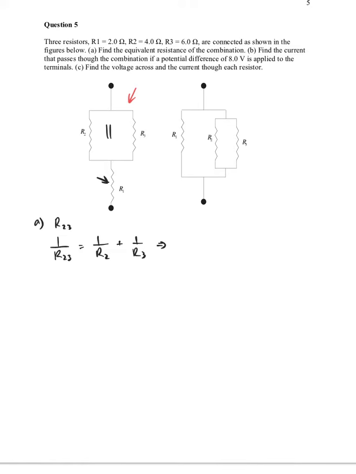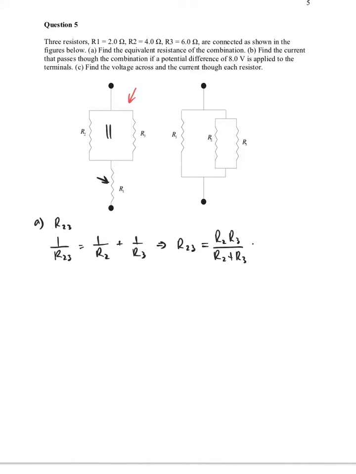If you do a bit of nice algebra, you'll see that R23 is equal to R2 times R3 over R2 plus R3. I'll leave that to you as an exercise. So we have an equivalent resistance of those two resistors that can be found by that.